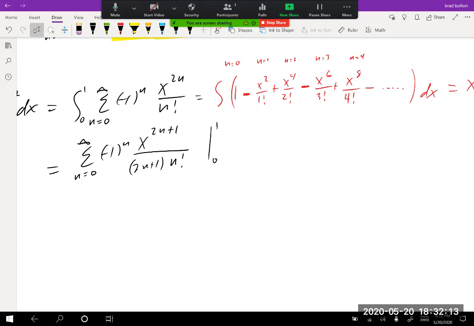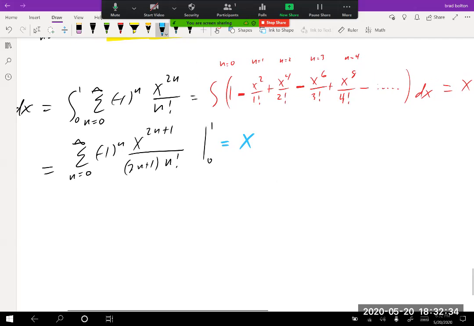We could do the same thing where I integrated the series itself, not the terms of the series. So let's see what this would be. Plug in 0, so we'd get x to the 1 divided by 0 factorial, which is 1.